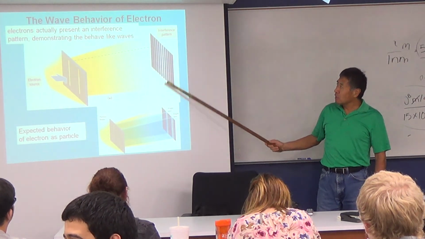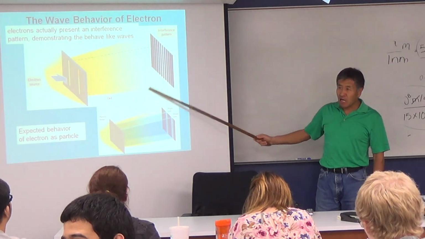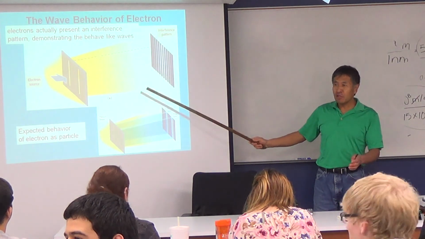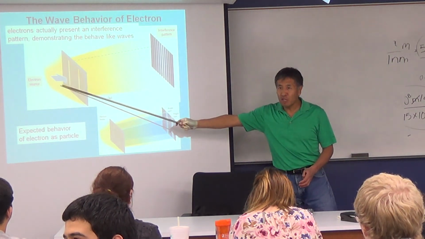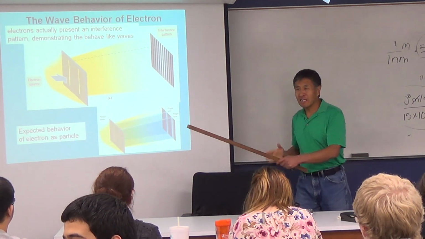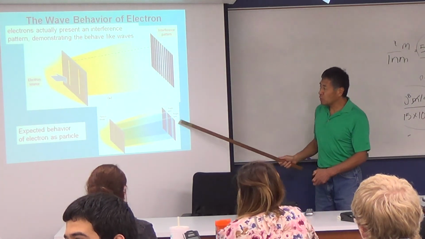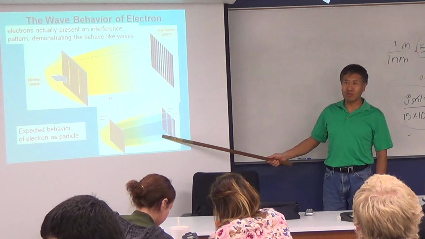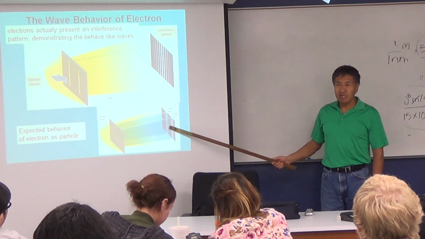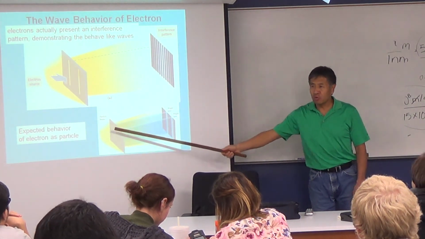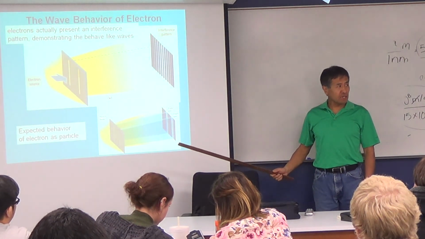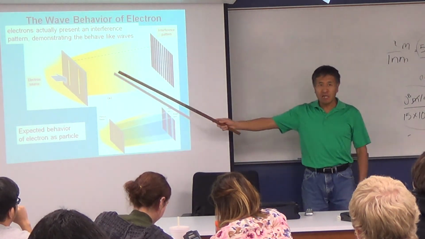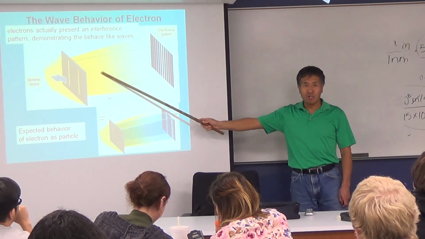If you see bright, dark, bright patterns, this is the wave behavior. If the electron were really a particle, you would only have 2 places to detect it, divided behind. So this is the particle behavior, and that is the wave behavior.